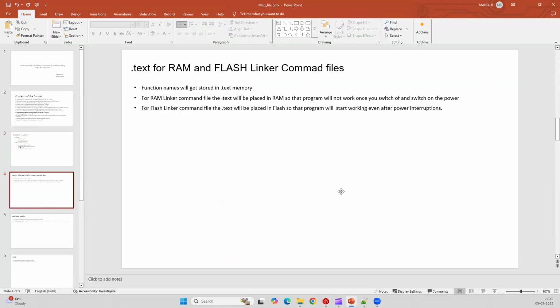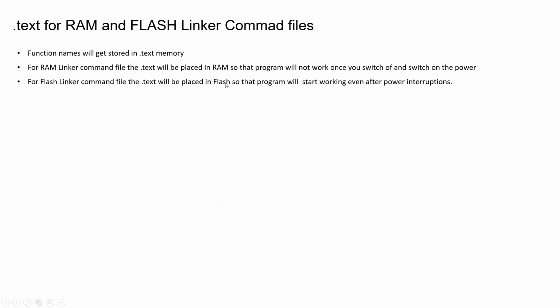So what is the understanding of the .text for RAM and flash linker command files? The function names will get stored in the .text memory. If you try to see what is there in a .text memory, it is nothing but the function names. For the RAM linker command file, the .text will be placed in the RAM, so the program will not work once you switch off and switch on the power.